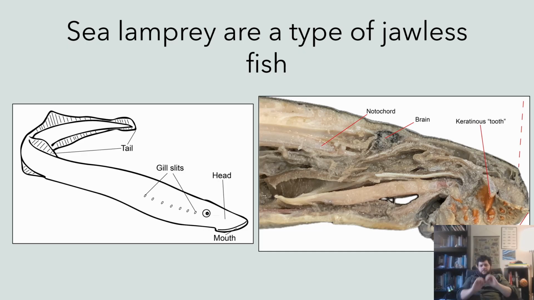The sea lamprey, which is an invasive species in the Great Lakes, has a parasitic stage to its life cycle where its jawless mouth essentially acts as a suction cup and it goes whoop onto fishes. And these rasping tooth-like structures on its tongue come out and erode and basically eat the animal's flesh, leaving these circular sucker-shaped wounds in the fish, often leading to death of the fish, right?